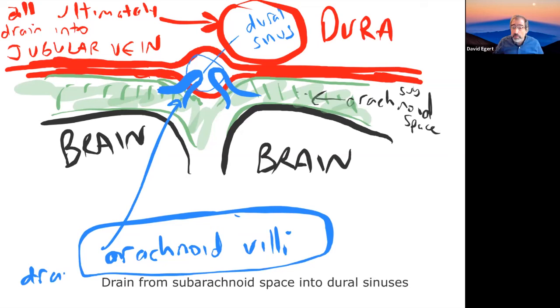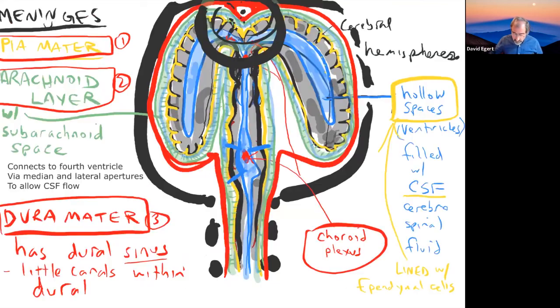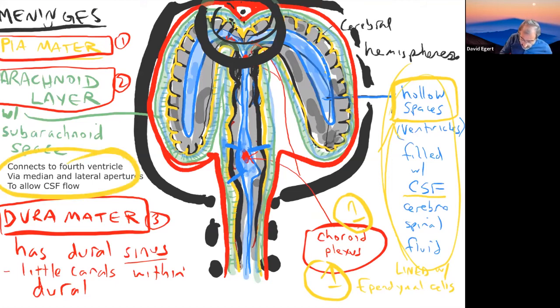So now if we go back to our other picture here, we can take a look at what's happening. We start here, choroid plexuses, we're making CSF. And then that CSF is flowing around in these hollow spaces, circulated around by the little cilia on the ependymal cells, but ultimately we have these little apertures that have that CSF go into the subarachnoid space.